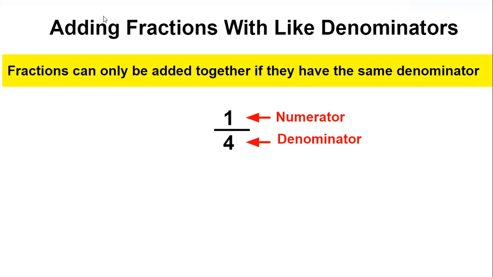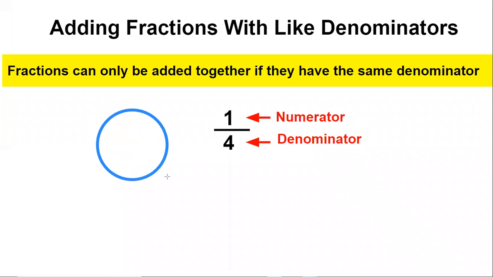If I had, for example, a circular pizza and I cut it into 4 pieces of equal size, I'm trying to make these as equal as possible, and I ate one of those pieces, I color this in. I ate one piece, the red piece. That would mean I have eaten one piece out of the 4 pieces that the pizza's cut into.